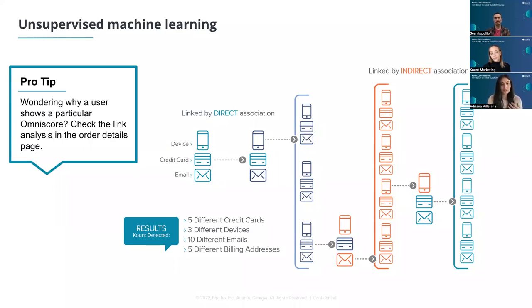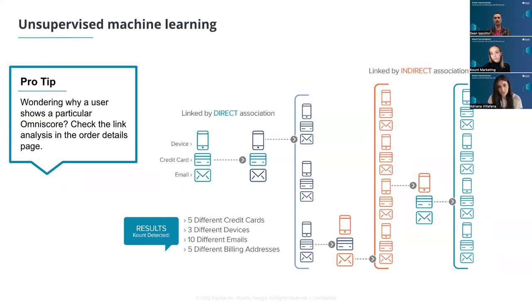Maybe during the time they placed the order, they were traveling and placed it from the Philippines, and for that reason, their data points aren't lining up. For example, their billing and shipping address might be in California, but the device location is pointing to the Philippines, a mismatch. So the link analysis and that persona linking provide a plethora of data to point you in the right direction.